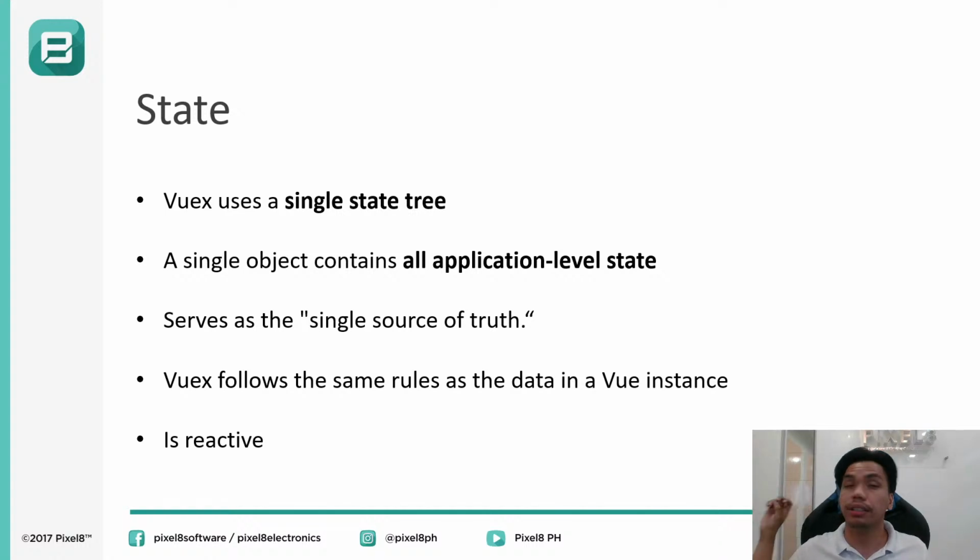So you have a single source of truth which is accessible by any component anywhere at any time, meaning you won't have to worry about state management anymore. Lastly, the most important part is that state is reactive. If you bind your state to the DOM itself, whatever changes are made to the state will automatically reflect in your DOM, in your template tag rather.